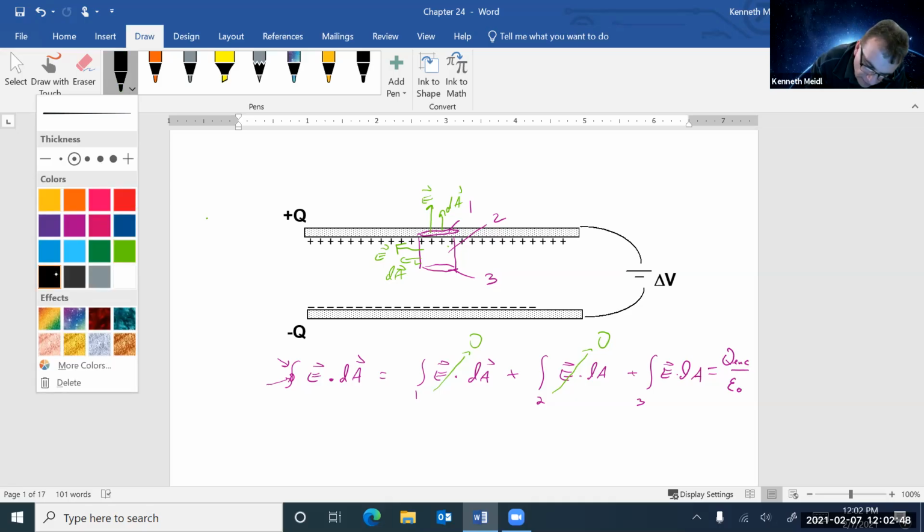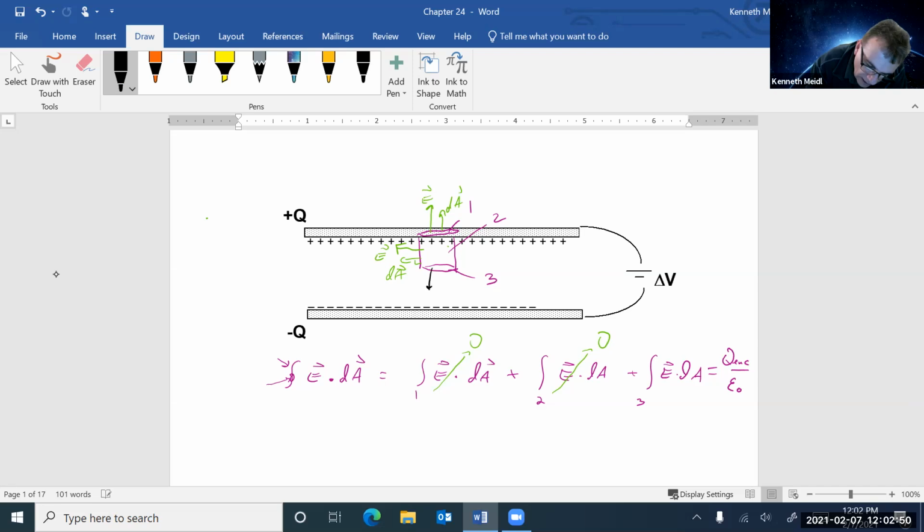And so I've got an electric field here, and I've got an area that looks something like that. And I know the electric field here can't be cutting through there at anything other than a right angle. So if I blow up area 3 here, that area element is defined to be at right angles to that surface.